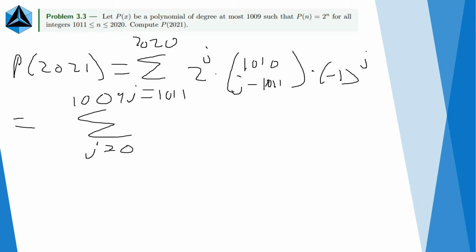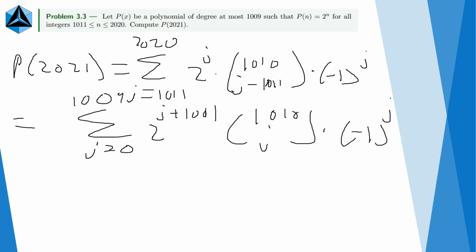And we have to be careful about a few things. For number one, it becomes 2 to the (j plus 1011) times 1010 choose j times -1 to the power of (j plus 1011).